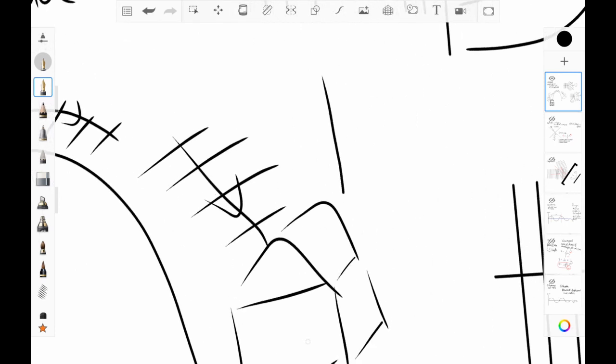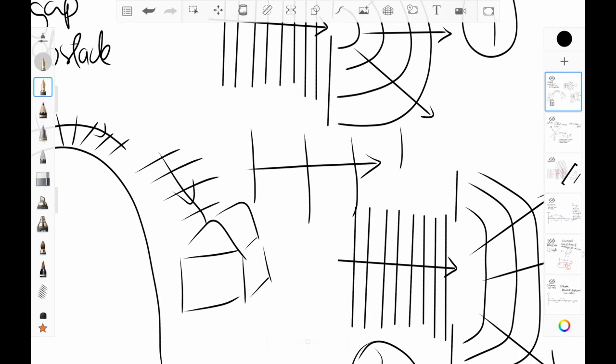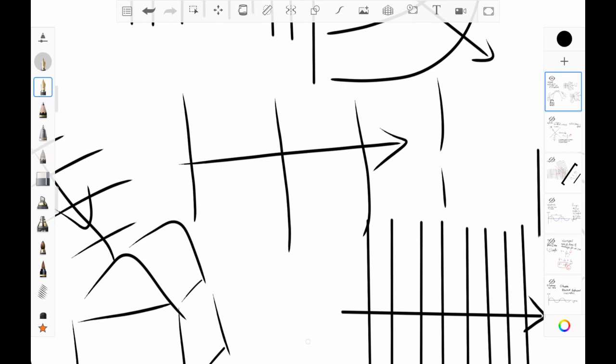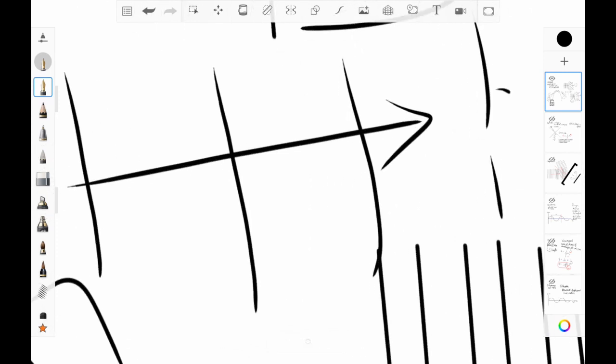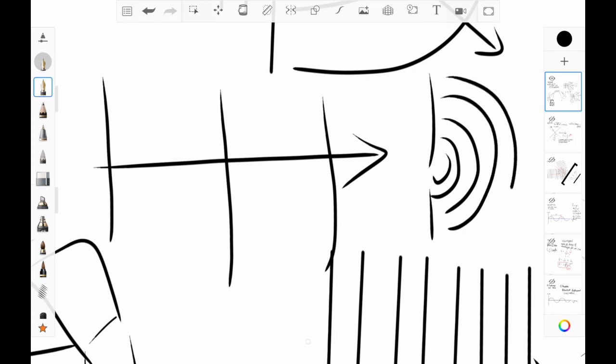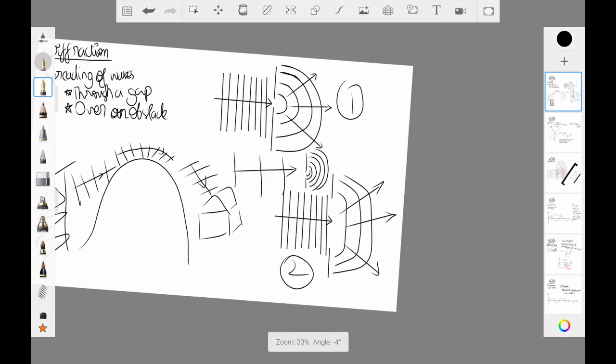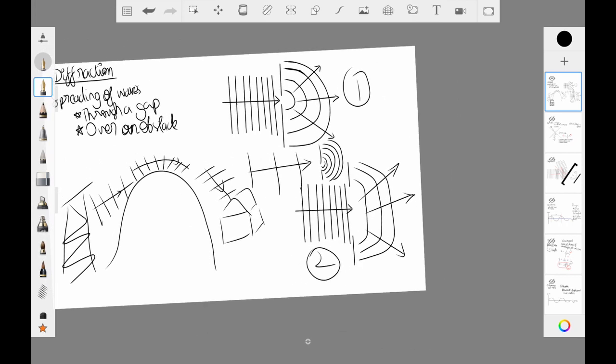But if I had a longer wavelength wave go through a small gap like this, you would see that the waves are spreading a lot. So wavelength is also a factor affecting diffraction.